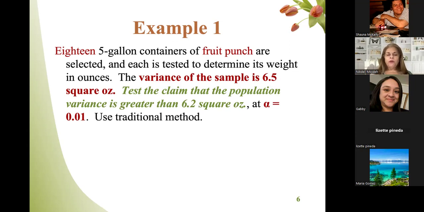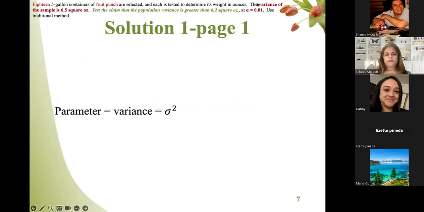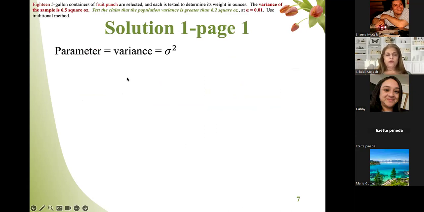First of all, I go to my claim sentence and figure out what my parameter is. My parameter is variance, sigma square. Parameter is a population measure, and it is given to you in the claim sentence. What is my claim? Sigma square is greater than 6.2.